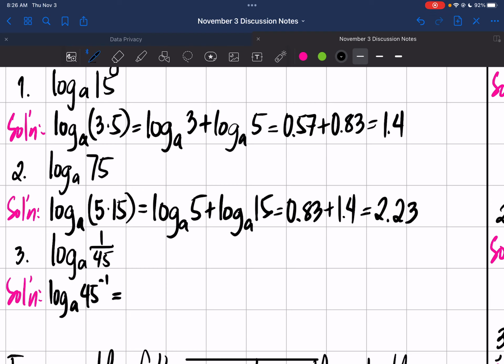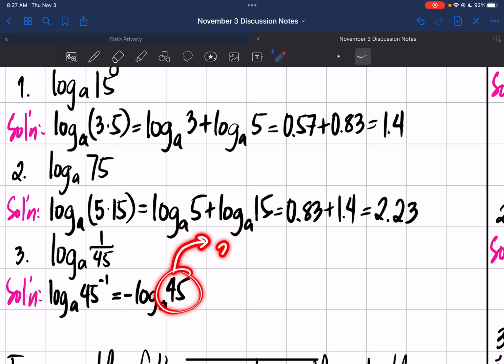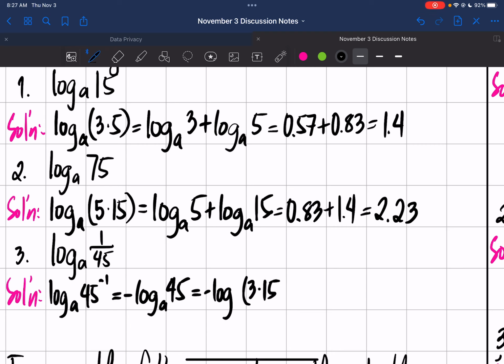So, we'll get, by the power rule, ibababa natin to. So, we have negative log of 45 base a. And yung 45 class could be rewritten as 3 times 15. So, we have negative log of 3 times 15 base a.